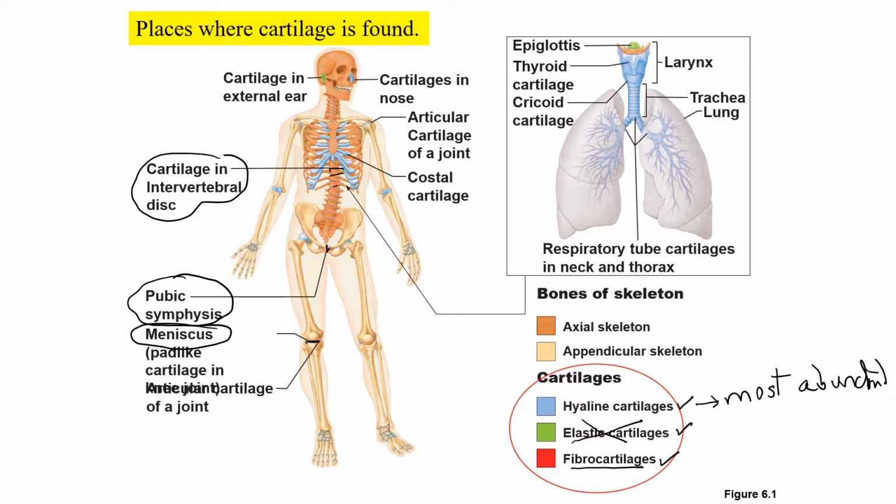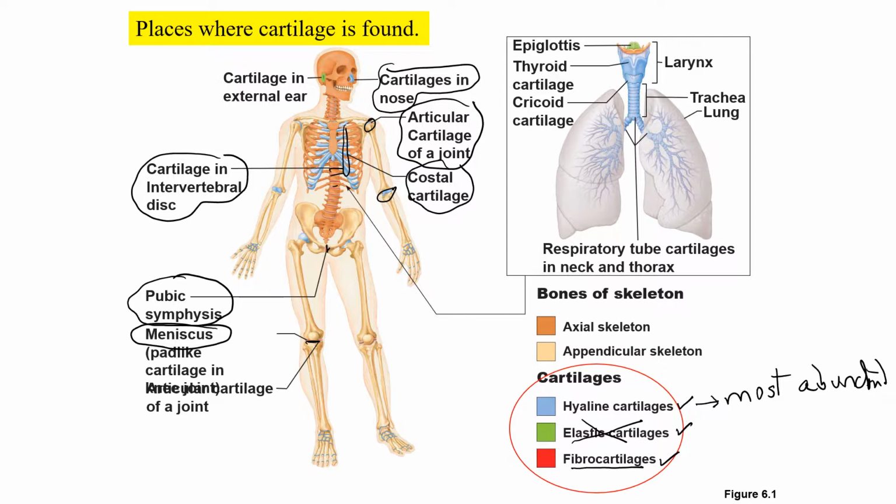Hyaline cartilage, the most abundant cartilage associated with bones, is found at the end of long bones, making articular cartilage, at the end of ribs, creating costal cartilage. The cartilage associated with the nose is called nasal cartilage.